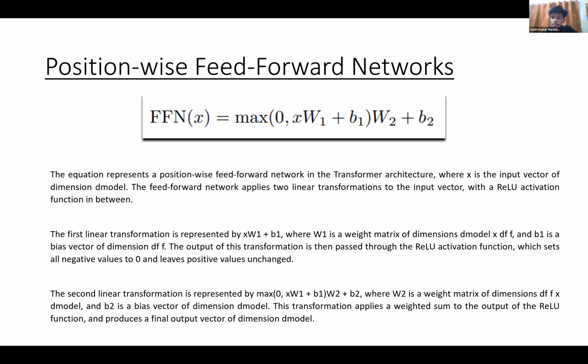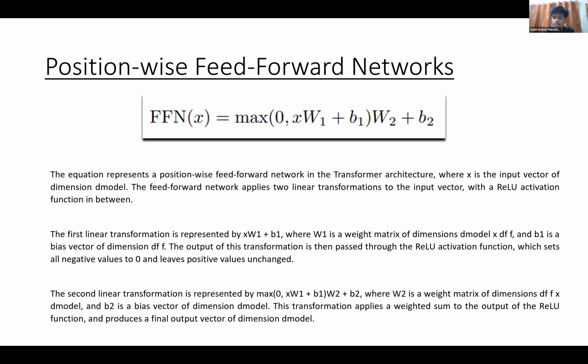The feed-forward network applies 2 linear transformations to the vector, as I mentioned, with a ReLU activation function in between. The first linear transformation is represented by xW1 plus b1, where W1 is the weight matrix of dimensions d_model by d_ff, and b1 is the bias vector of dimension d_ff.